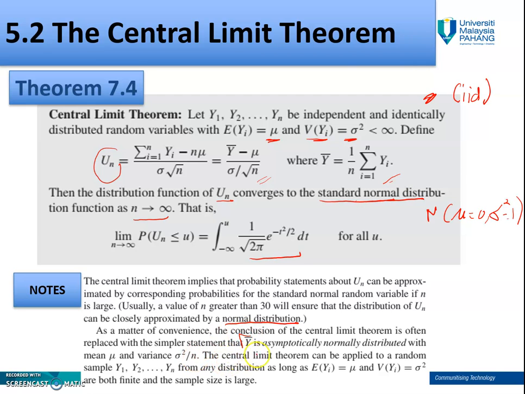The central limit theorem can be applied to a random sample Y1, Y2 until Yn from any distribution, as long as the expected mean for Yi is mu and the expected variance for Yi is sigma square, both finite, and the sample size is large.